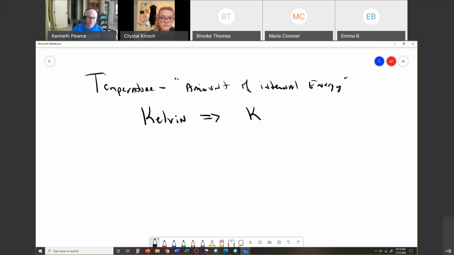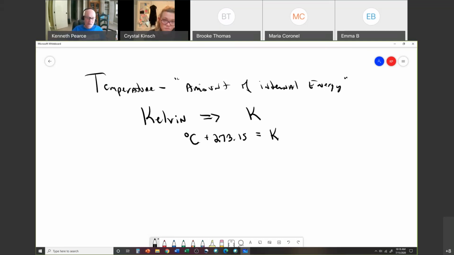Now, we will mostly be given, most problems will be given in degrees Celsius. Most problems. But the first thing you have to do is add 273.15 to it, and that will give you Kelvin.